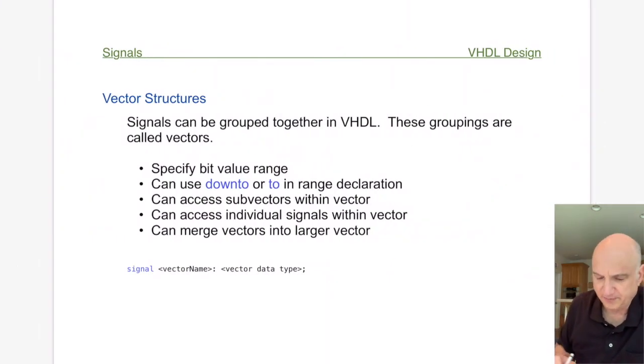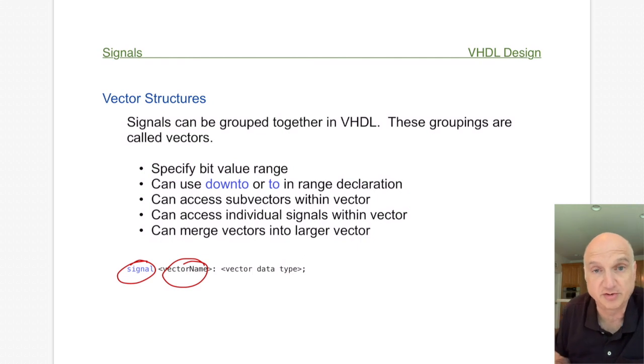First off, for the declaration of the vector, you simply use the signal keyword again, no different than we saw before. You use the signal keyword followed by the vector name, which is also going to be lower camel case in declaration, followed by the vector data type.